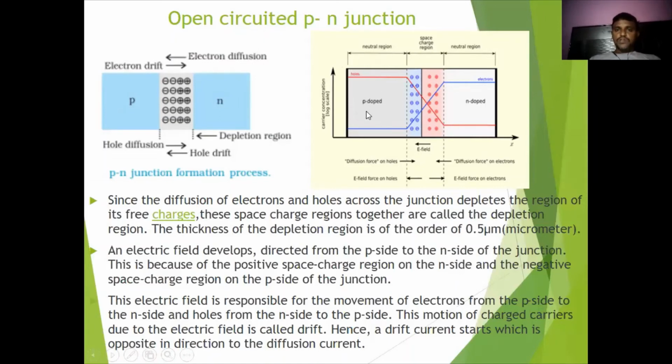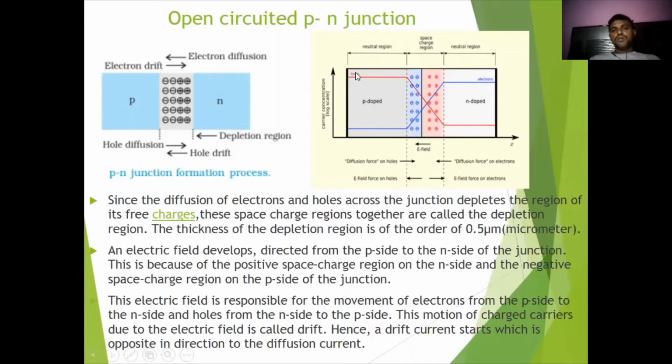Okay, this one is called the neutral region, this one is the charged region, and this one is N type material. So you can consider the electron concentration here. If you observe, the electrons will move from this side to this side and they become minority carriers. Here the concentration of electrons is more, and in the P side the concentration will be less.